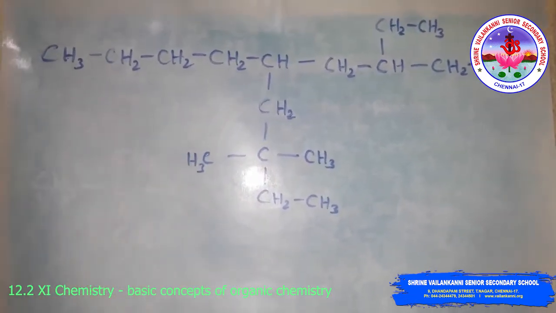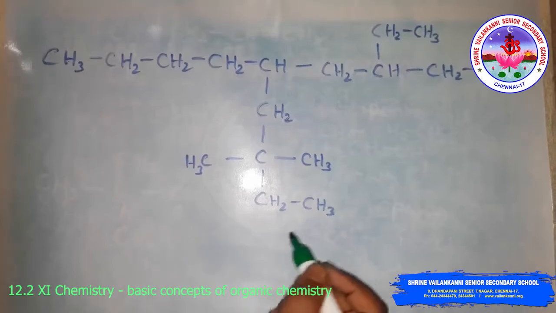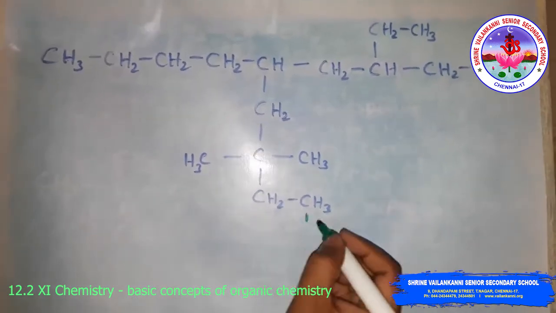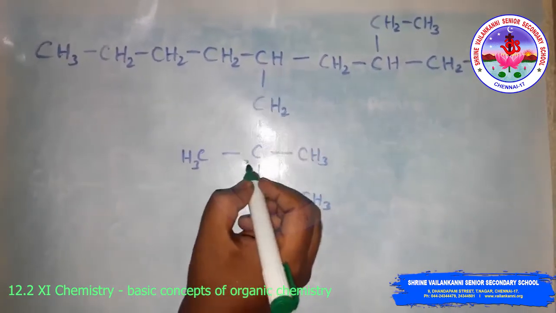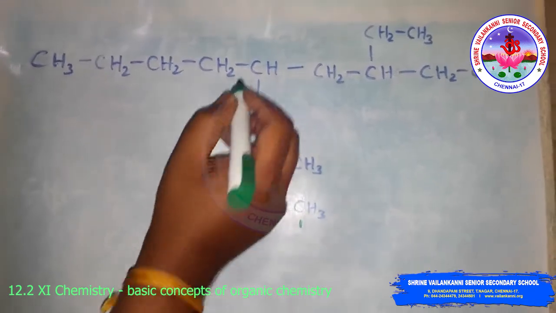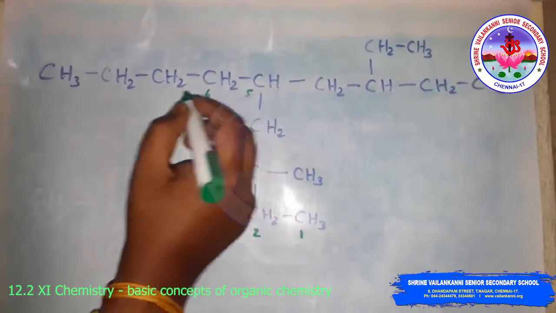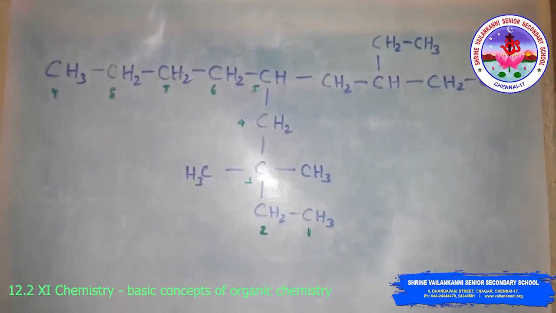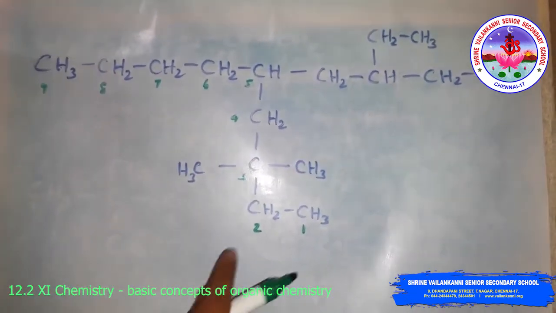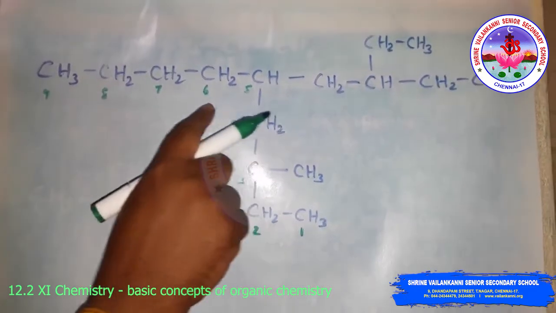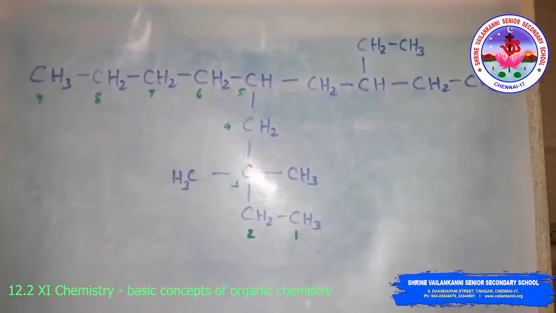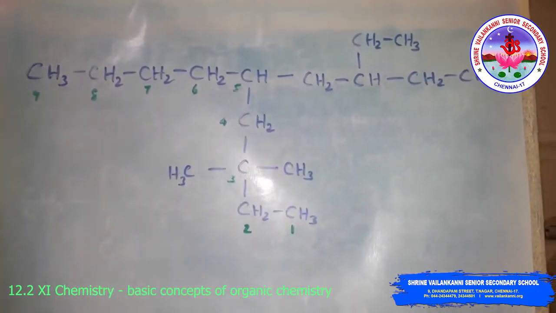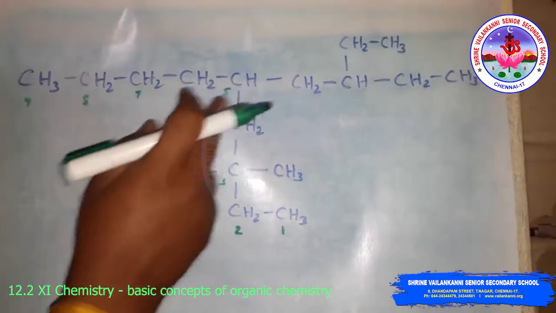So here, suppose writing the numbering 1, 2, 3, 4, 5, 6, 7, 1, 2, 3, 4.